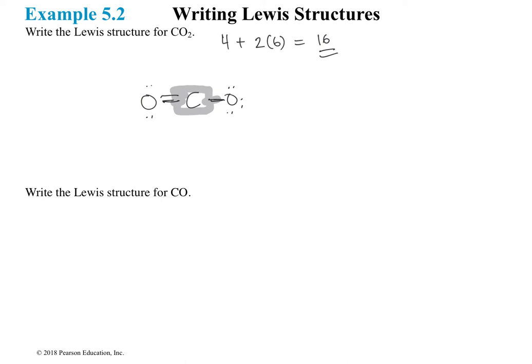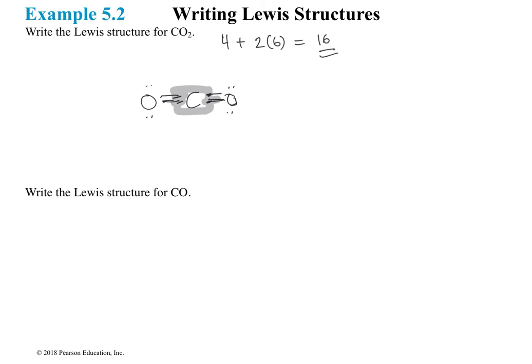So now I'm going to get rid of another set. I'm going to just do it over here, although it technically doesn't matter which one, as long as you move a lone pair. And I'll give that to carbon. Share it with carbon. So now we still have 16 valence electrons, and now carbon has 2, 4, 6, 8. So CO2 looks like that.